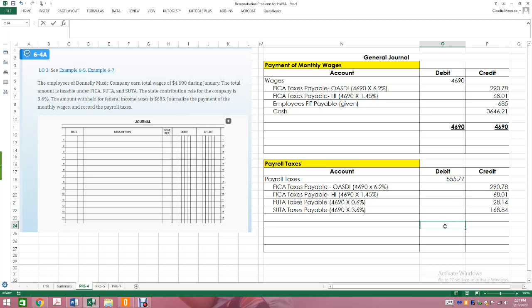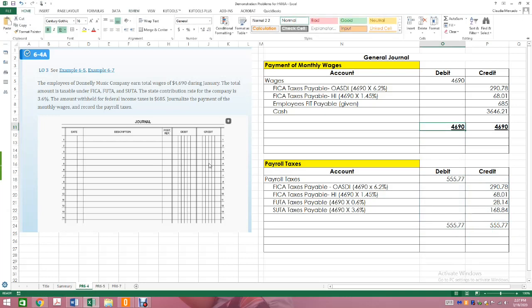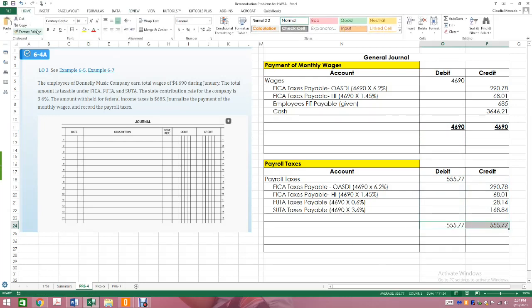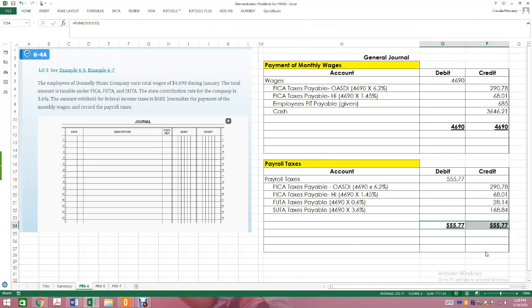Once again, when I'm done, I just verify that my debit column equals my credit column. I need to make sure that my debits equal my credits. So I add all of the information on my debit column and on my credit column, and sure enough, the amount is the same, $555.77. So you see, my debits equal my credits.